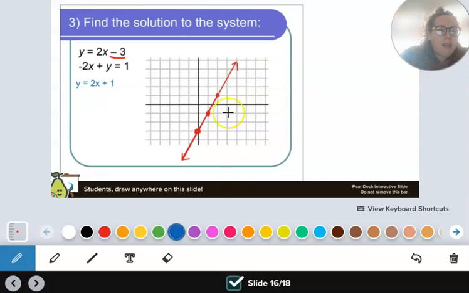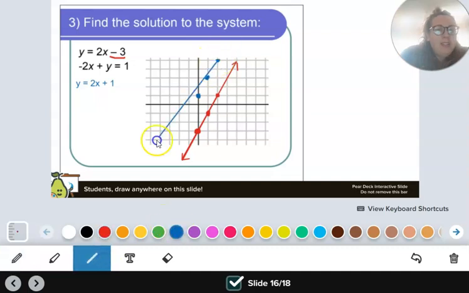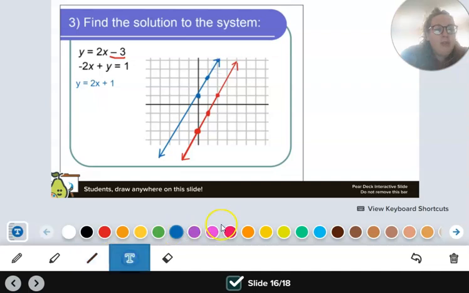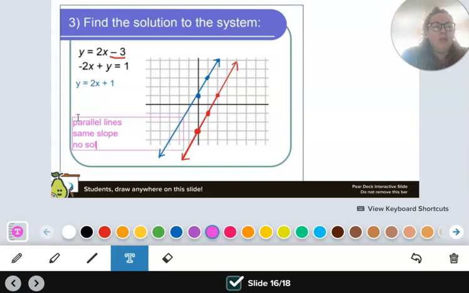So it's going to have a y-intercept of 1 and a slope of 2. So notice these two slopes are the same. This is an example of no solution because they are parallel lines. Same slope, no solution, they'll never intersect.